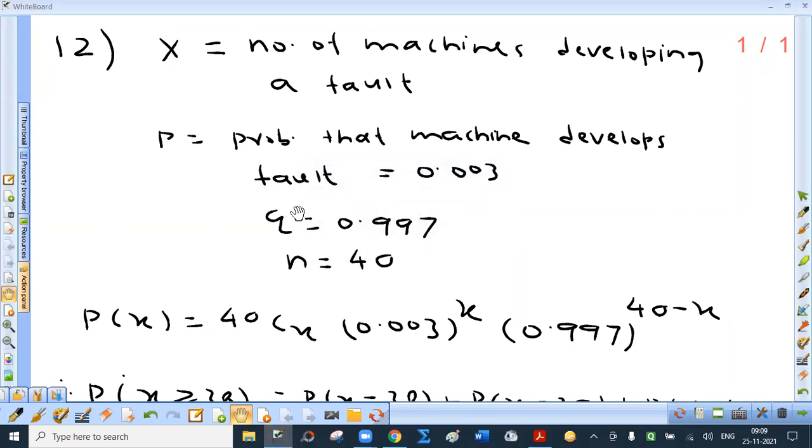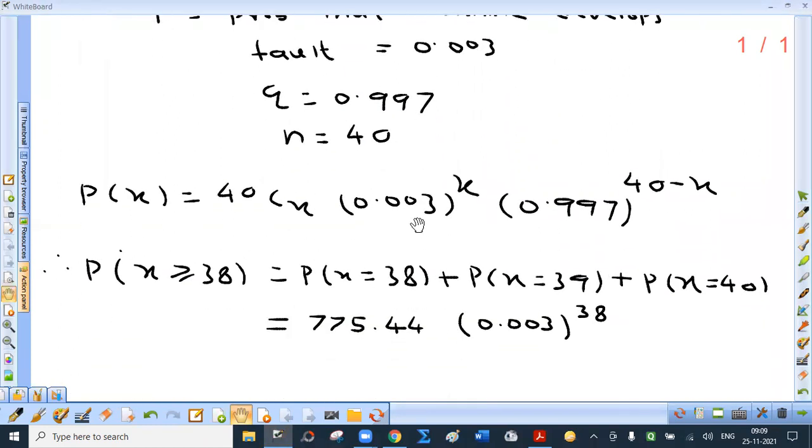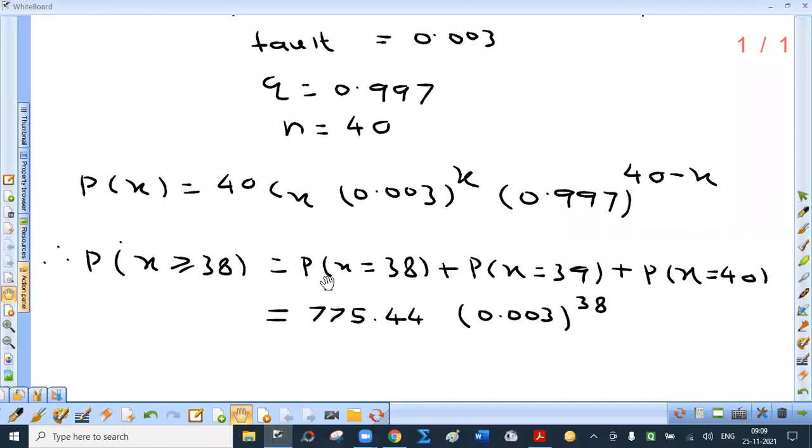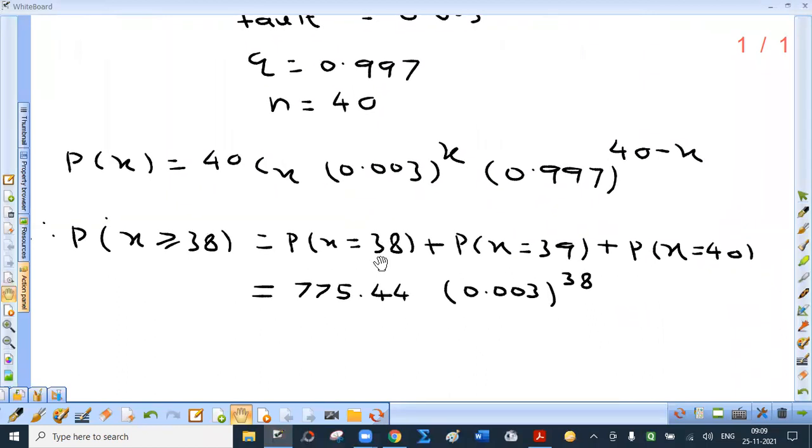P is given. From that we can find Q. Number of Bernoulli trials is given. What is asked? P of x greater than or equal to 38 is asked. So P of x equal to 38 plus P of x equal to 39 plus P of x equal to 40. This is the approximate answer: 775.44 into 0.003 raised to 38.